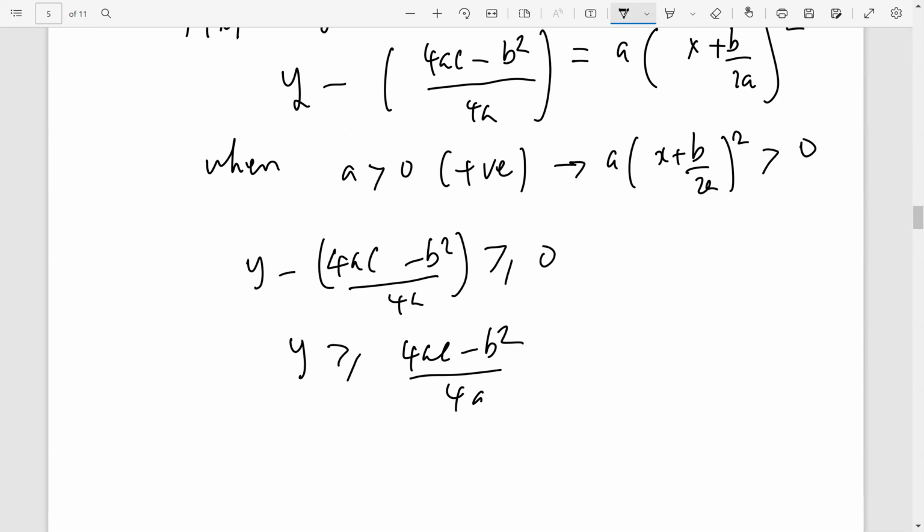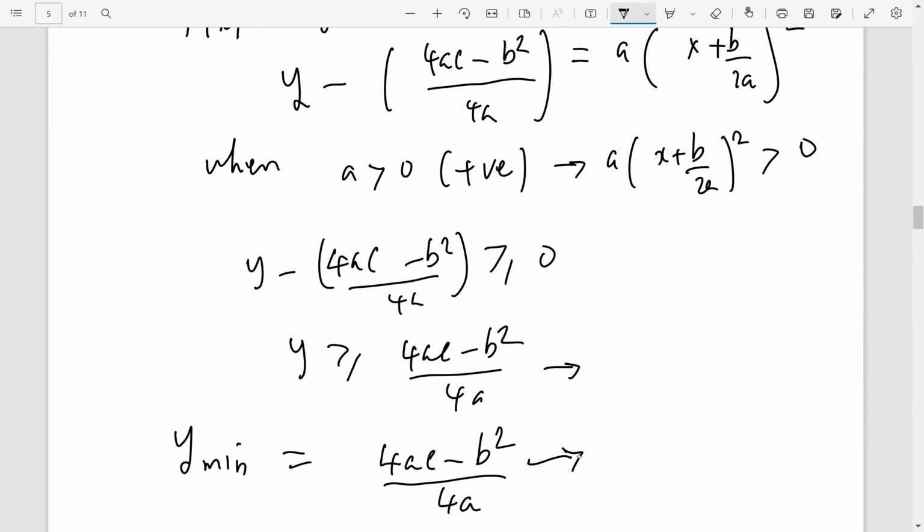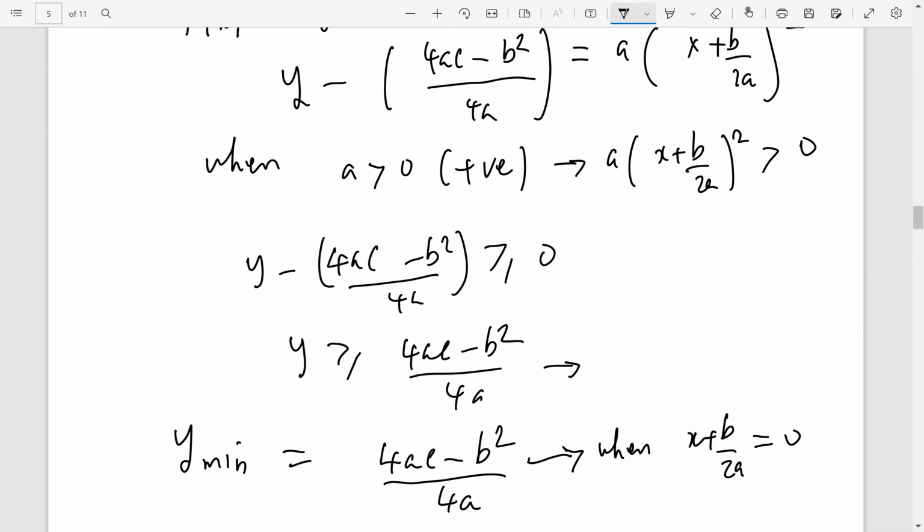And from this expression, y minimum is when we have the equal sign, and that is 4ac minus b squared over 4a. So the minimum value of y is 4ac minus b squared over 4a, and this is the case when x plus b over 2a equals 0.